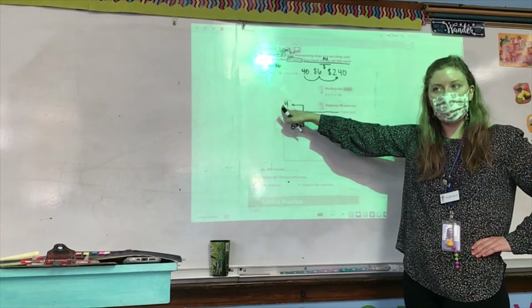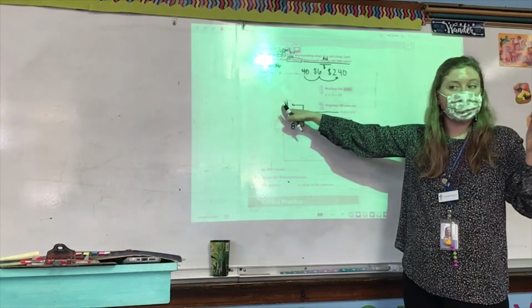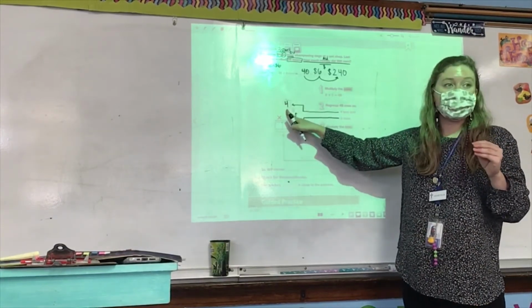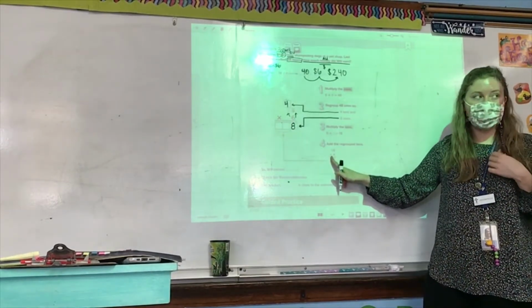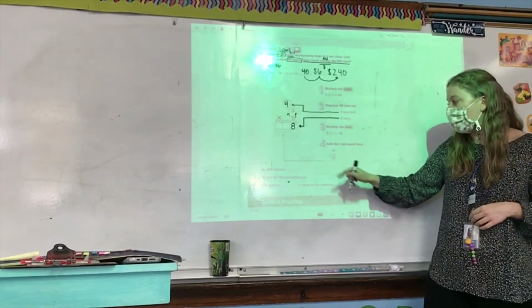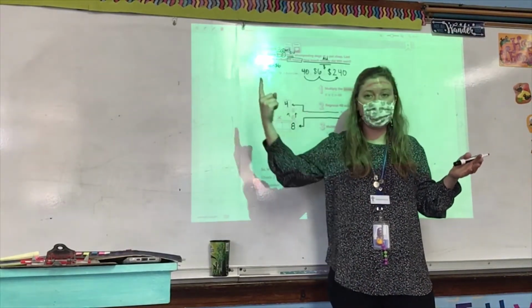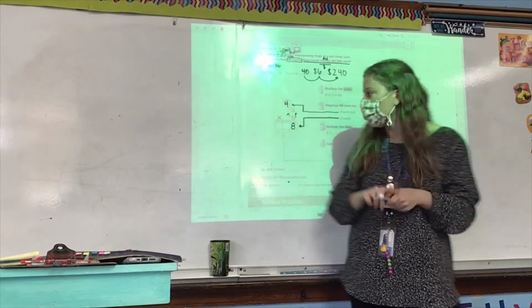Do we add it or multiply it, Michaela? Add it. So we have 6 times 3, which is 18. Now we have to add our regrouped tens, not multiply our regrouped tens, we add them. So 18 plus 4, well, we can use our fingers to just count up. 18, 19, 20, 21, 22.